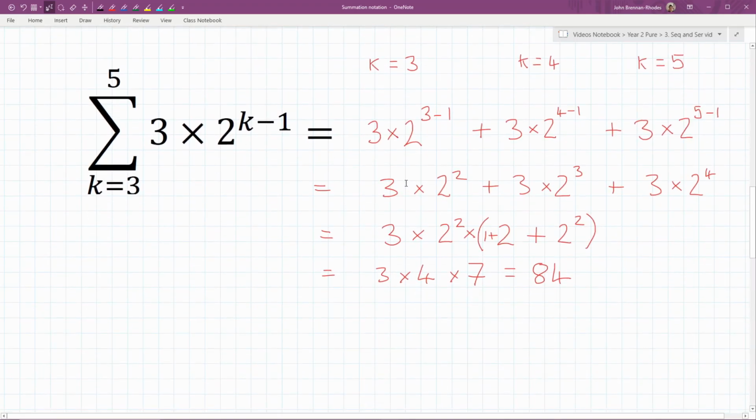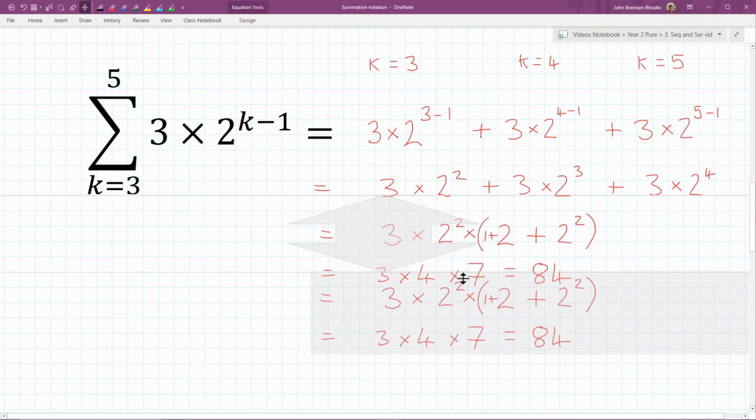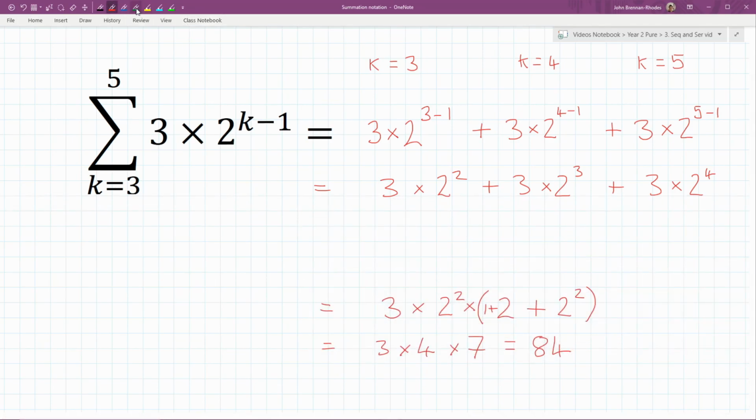If we go into this one here, if I add in what each term was equal to in this line here, we can see that this is 3 times 4 is 12, and this is 24, and this is 48. And we can see that what's happened here is we have got multiplying by 2 going on.